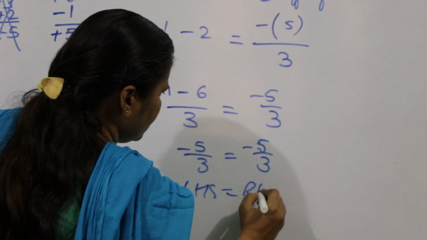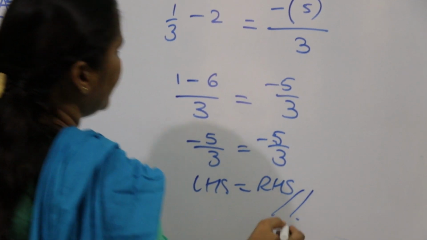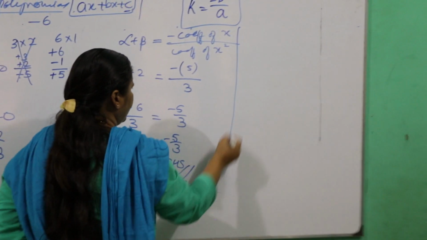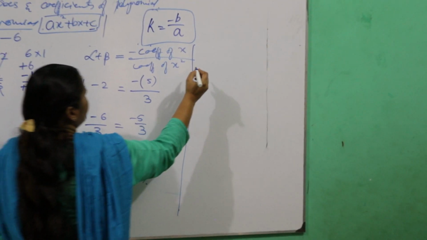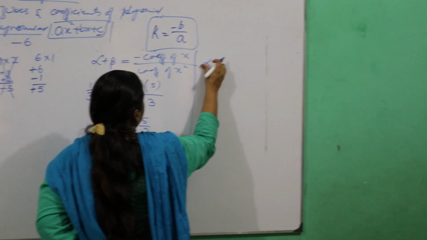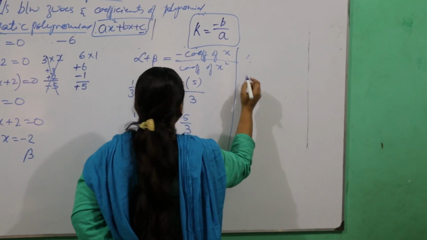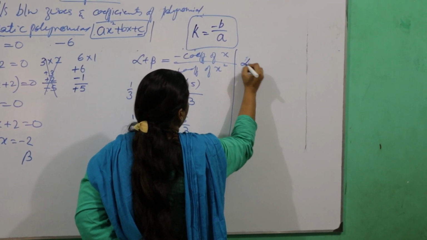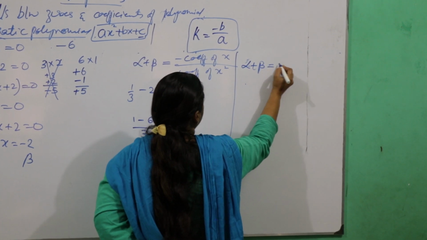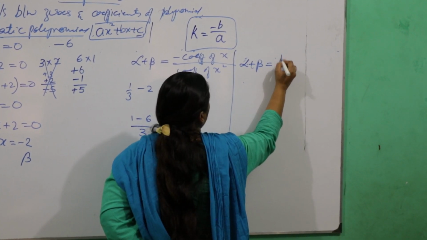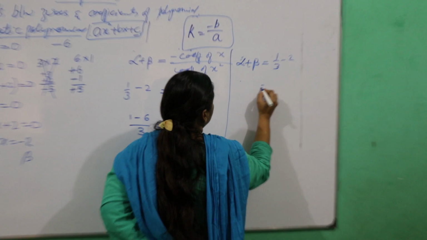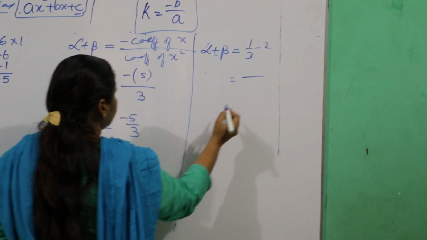LHS is equal to RHS. Verified, or you can also verify using this method. Now let's take the same relationship. Alpha plus beta is equal to 1 by 3 minus 2. So what do we get?